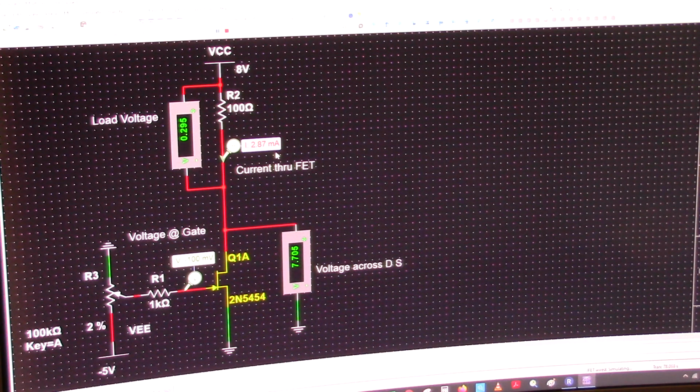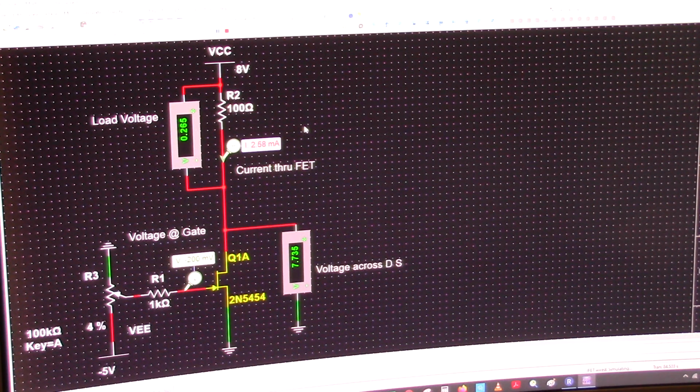So the current keeps going down because I'm increasing the gate voltage right here, and as I increase the gate voltage, this voltage goes down. You see how it's going down?